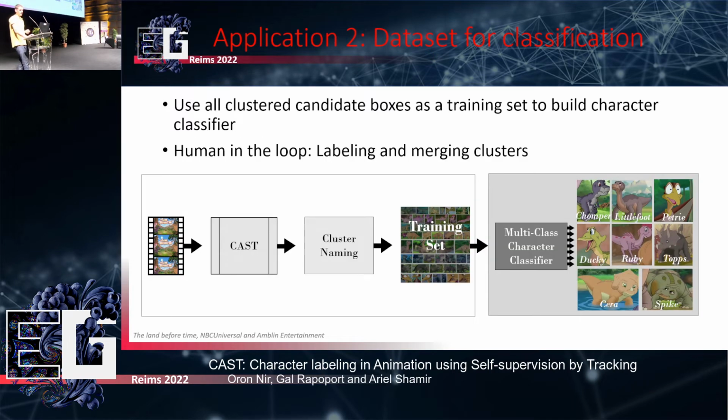Our second application uses the previous step and a human in the loop here in order to name those clusters to be used as a training set to build image classifiers to name those characters automatically in other frames.